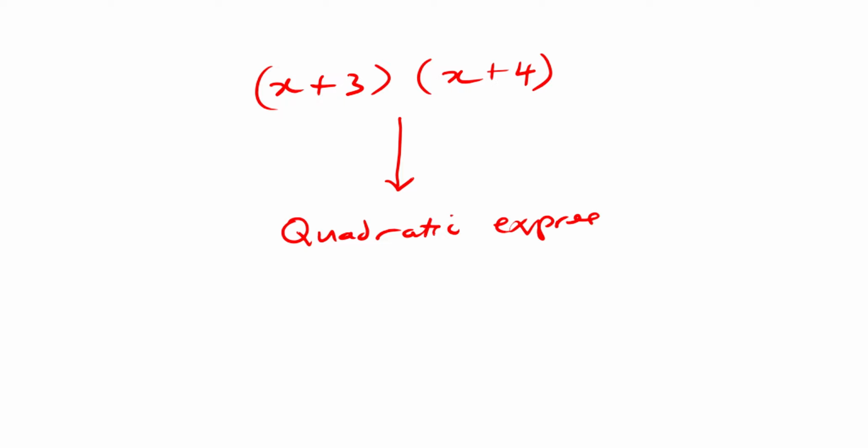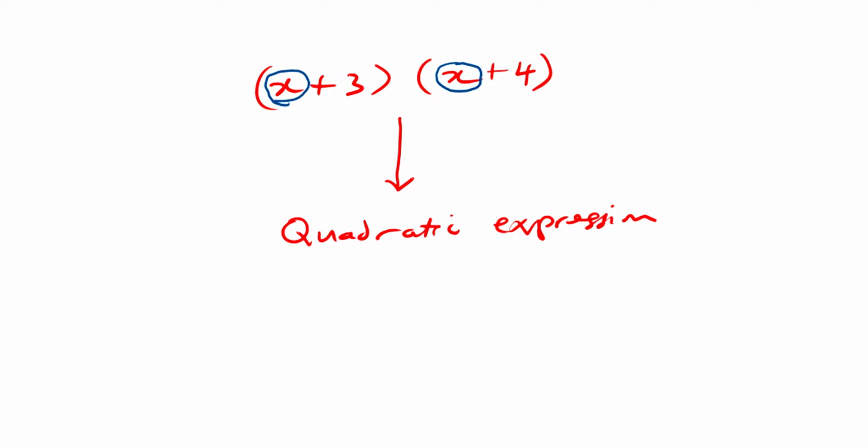How do we know that? It's simple. Each of the binomials has a common variable, and in that case we are going to end up with a quadratic expression.